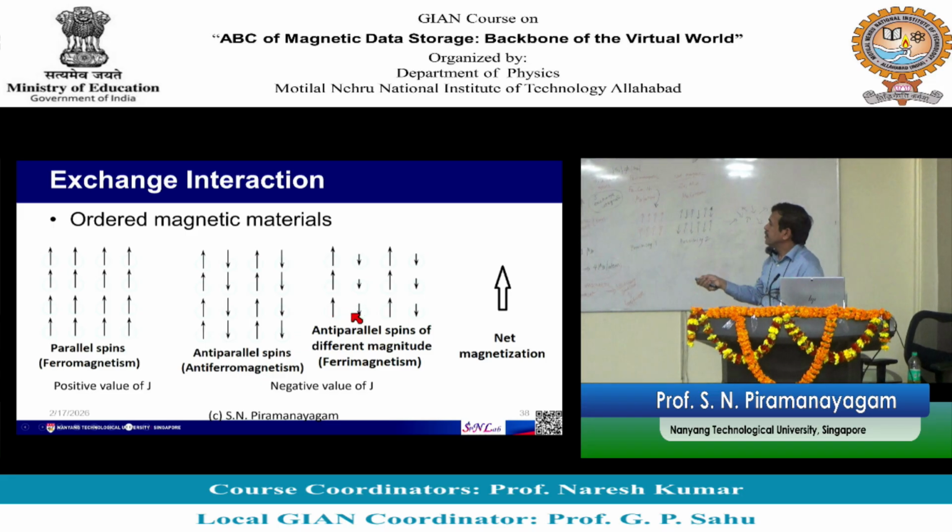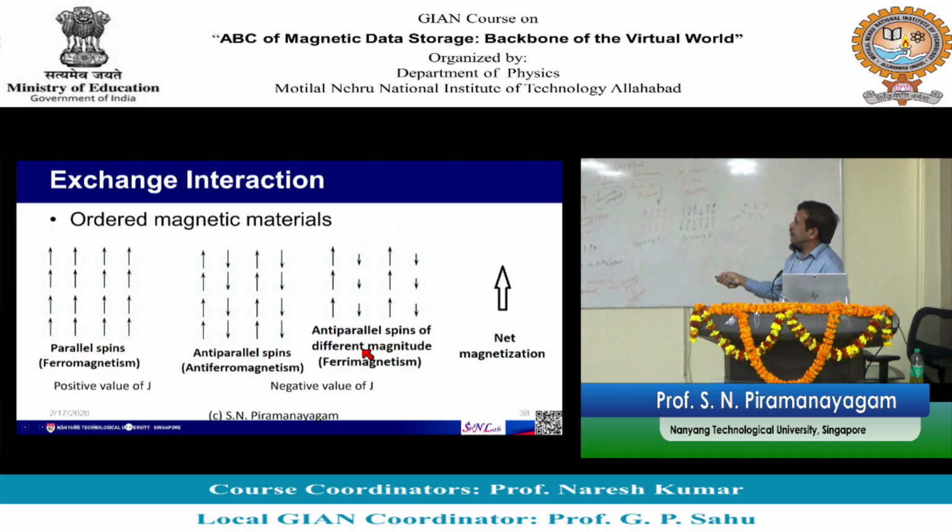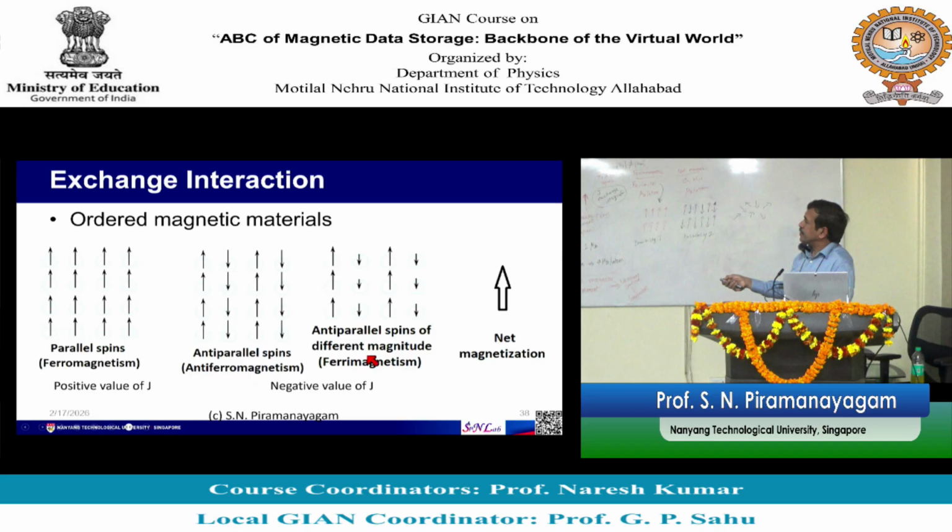This kind of material gives rise to the ferrimagnetic property. If you have learnt about ferrite, ferrites are ferrimagnetic. In ferrite, the neighboring spins are antiparallel, but of two different magnitudes, so S1 is not equal to S2.